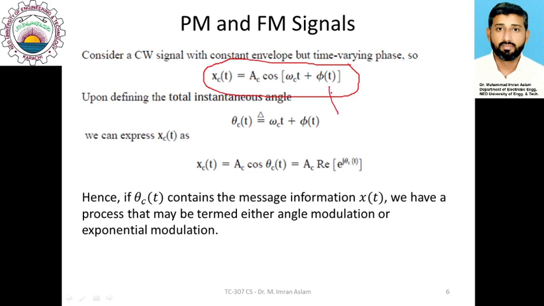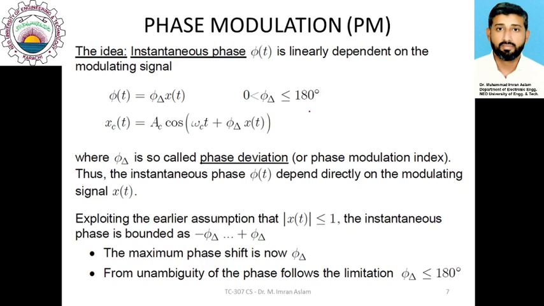So what is theta(t) here? Let us start with phase modulation first. As I previously mentioned, in phase modulation the instantaneous phase phi(t) is linearly dependent on the modulating signal. So this phase phi(t) is proportional to x(t), the message signal.